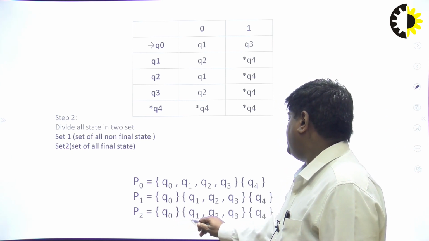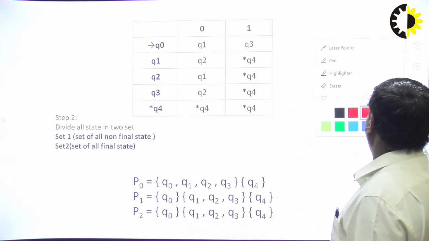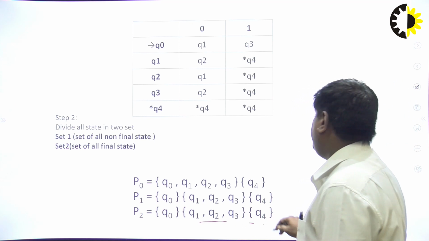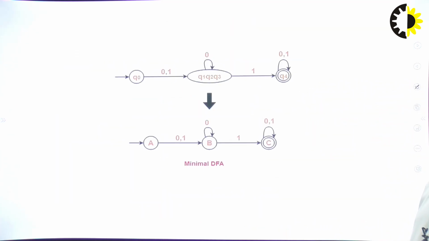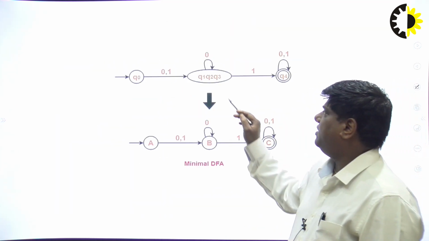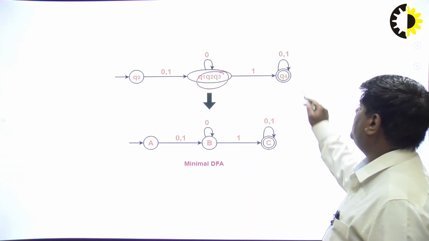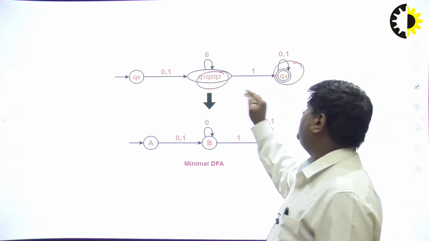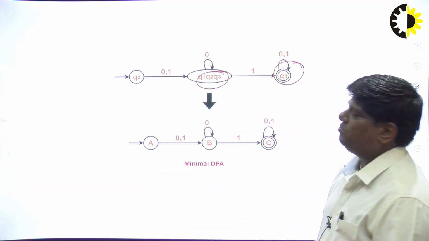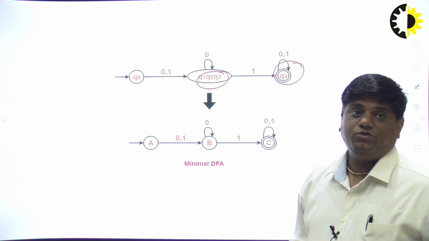Now these three states are minimized into a single state. Five states are minimized into three states.